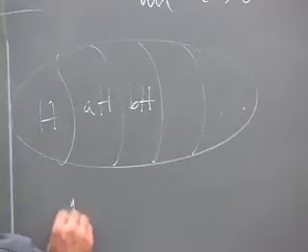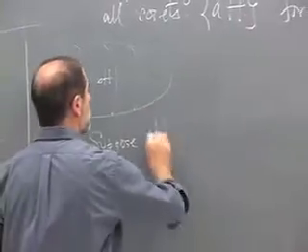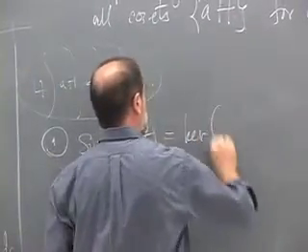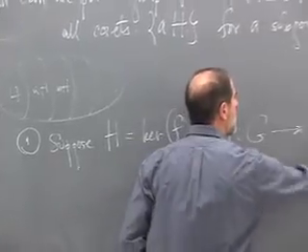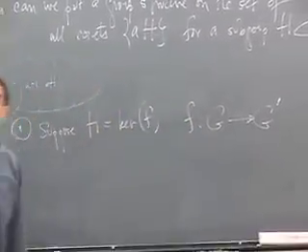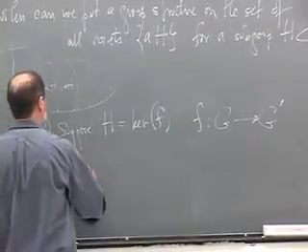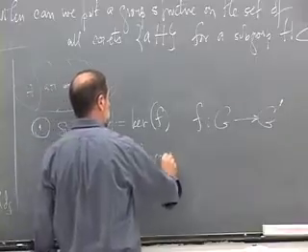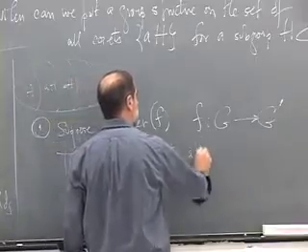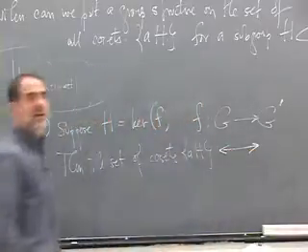So, case 1. Suppose H is equal to the kernel of a homomorphism F from G to G prime. That's one way we get subgroups. Then the set of cosets AH is in bijection with what?